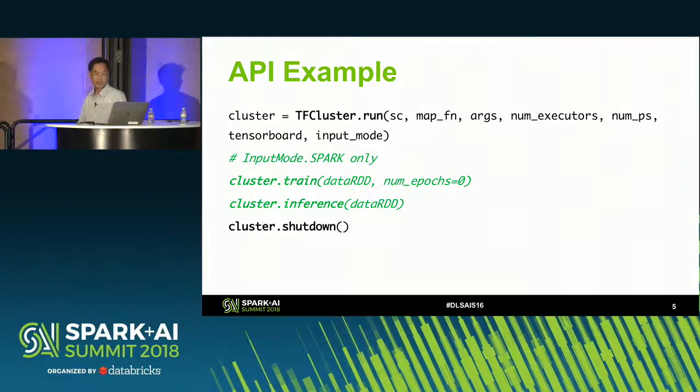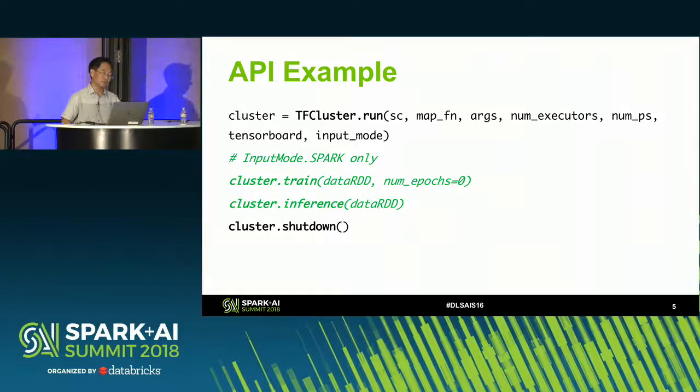Okay, this is a very high-level view of what it looked like to run a TensorFlowOnSpark cluster. We have a class called TFCluster, with a run method. You pass a bunch of arguments. The map function here is basically the main function of your TensorFlow application.